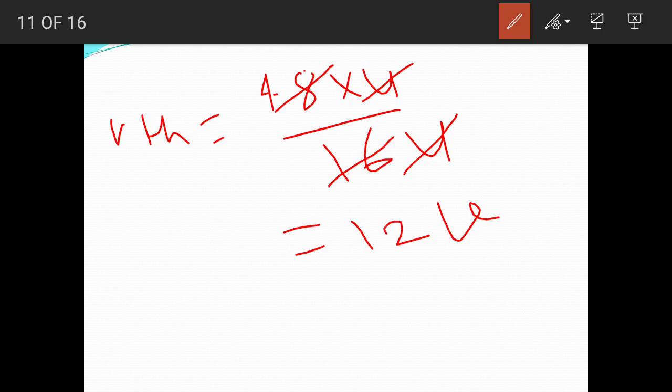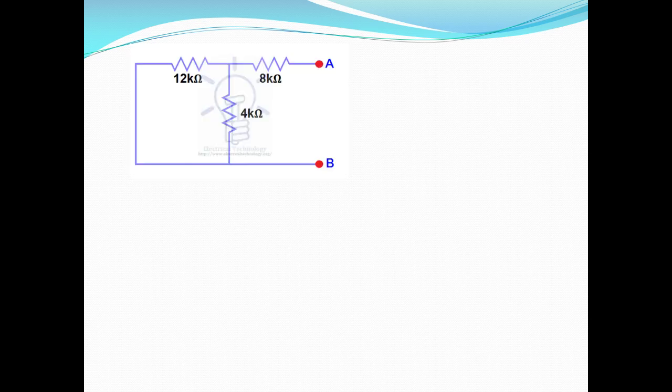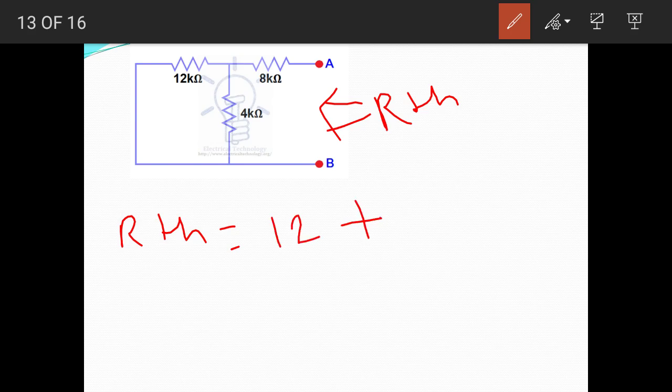So the value of VTH is 12 volt. Now in the next step, we have to calculate RTH. RTH is the equivalent resistance from the load terminal side. So RTH is equal to 12 parallel 4 plus 8.